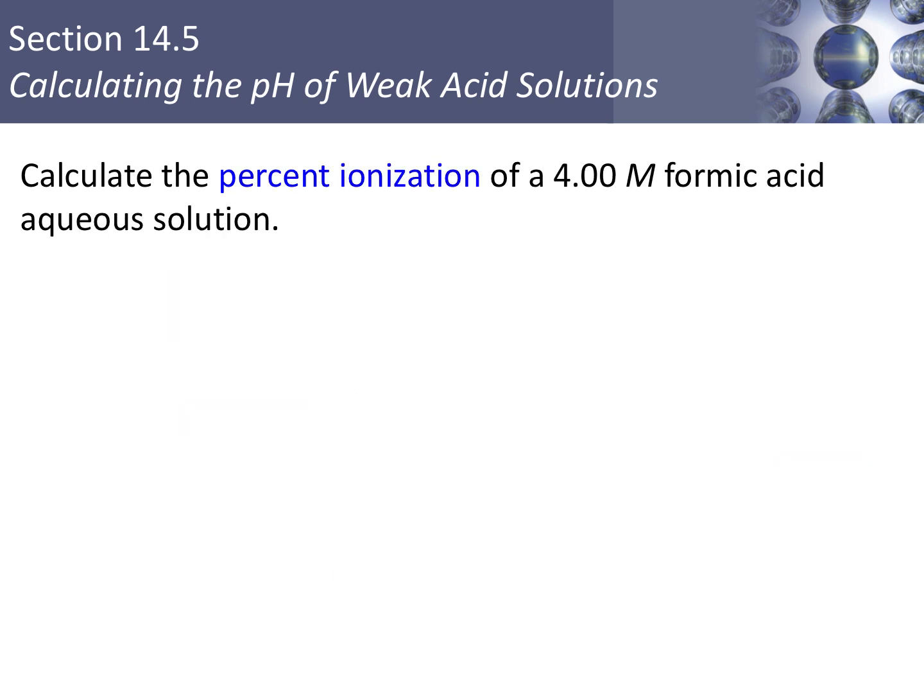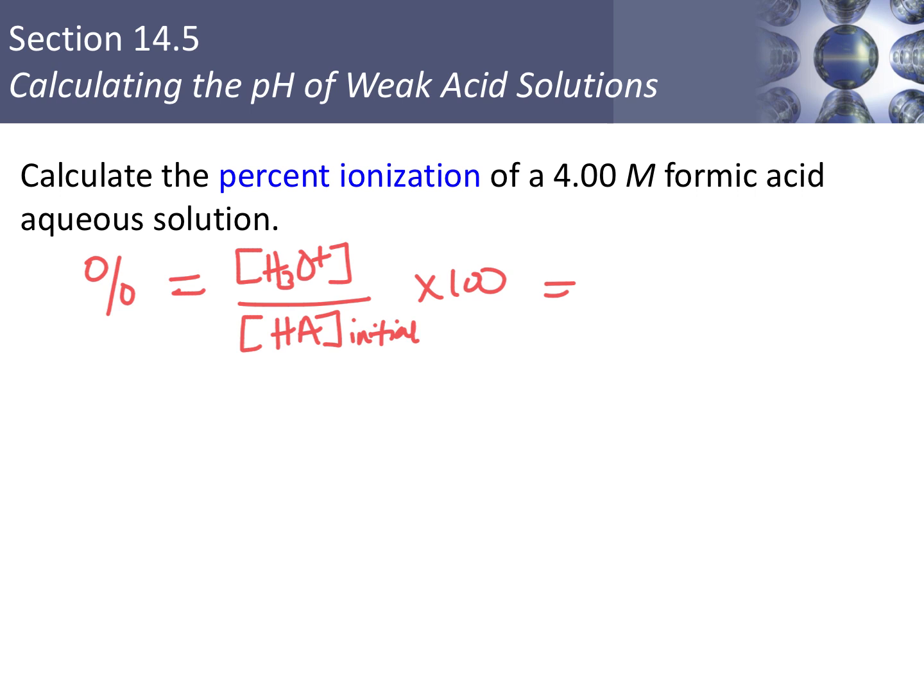Now let's talk about the percent ionization or dissociation of that same 4 molar formic acid solution. We're going to take our hydronium ion concentration at equilibrium. This is also known as X, and we're going to divide it by that initial concentration, multiply by 100 to make it a percent.